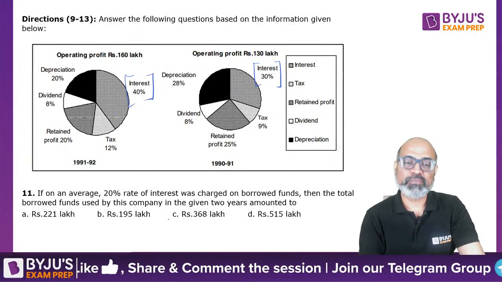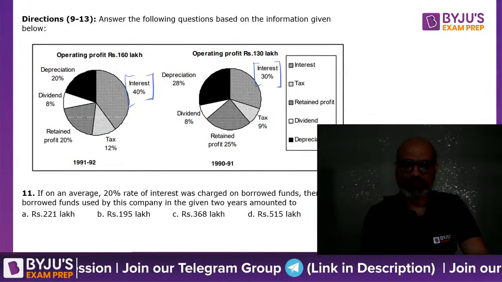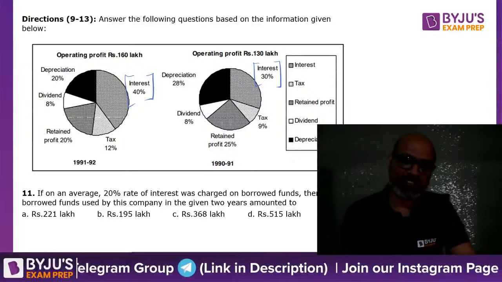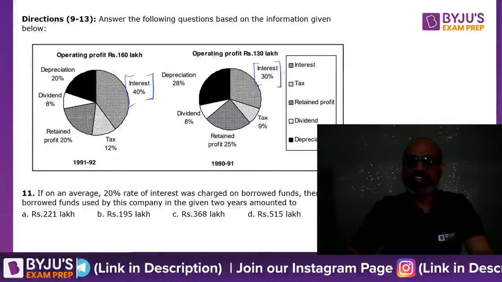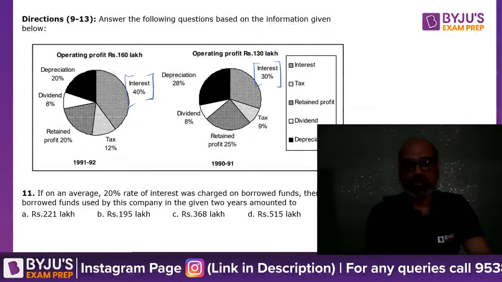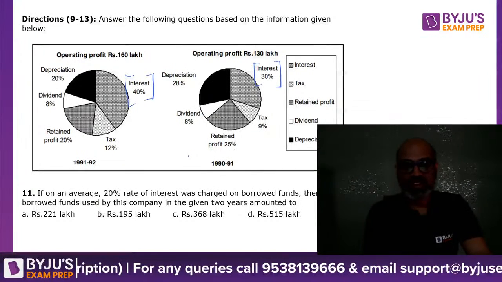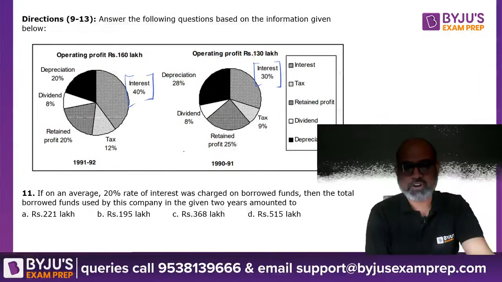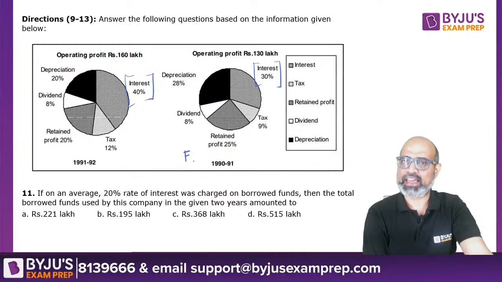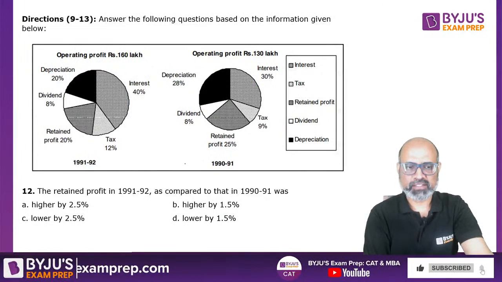Okay, so what it means is, it says if on an average, whether we consider 1991 or 91-92. So suppose in the year 1991, borrowed funds is F1.